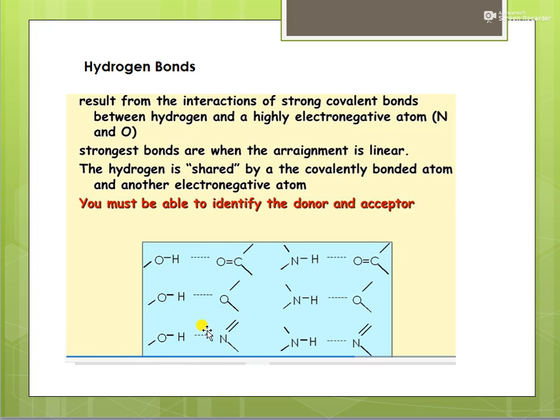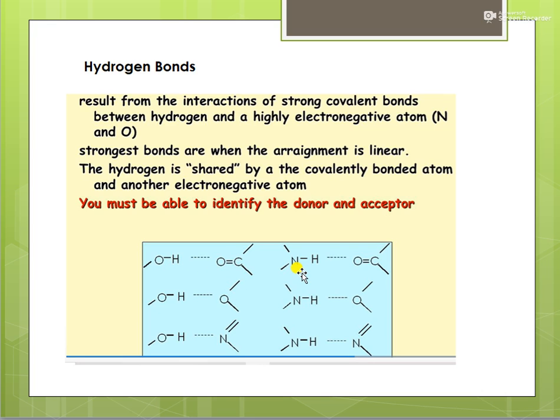Now, when a hydrogen atom is being shared, there will be a hydrogen donor as well as a hydrogen acceptor present. In this case, the hydrogen donor is oxygen, into which the hydrogen is covalently bound, and the hydrogen acceptor here is oxygen.